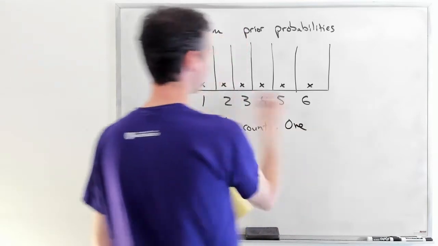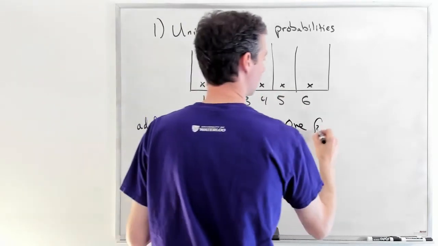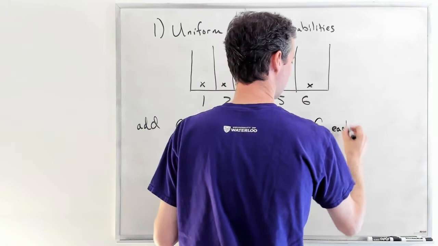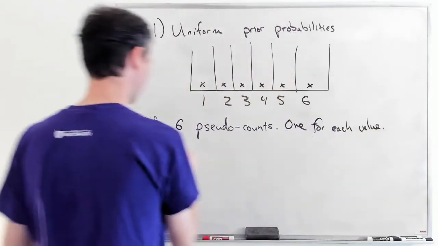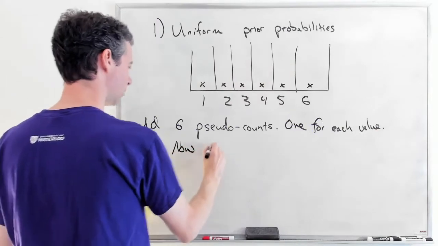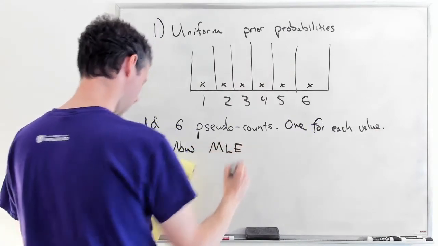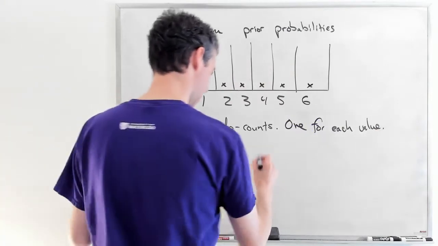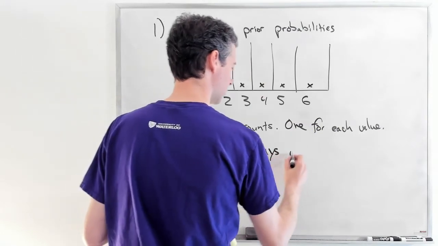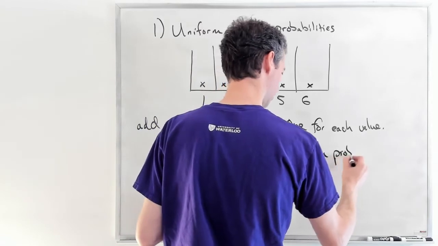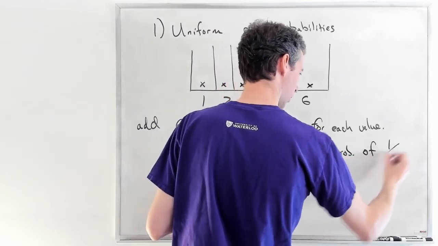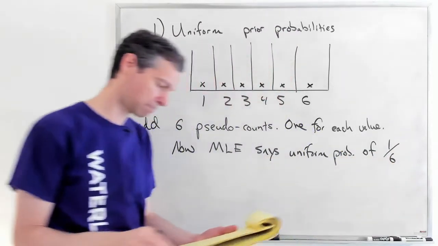We're going to put one count for each value. And then, as I said, now our maximum likelihood estimate says there's a uniform probability for each of those, 1/6. All right.